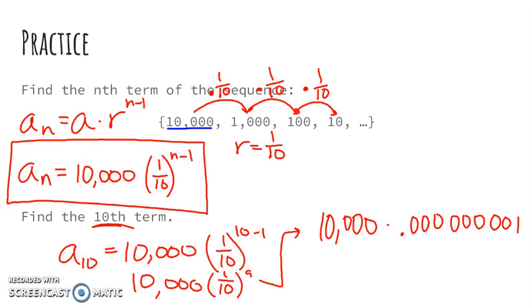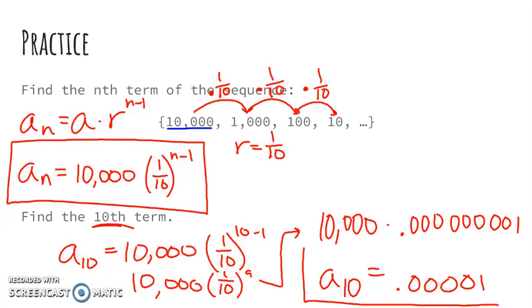Yep, that is right. Okay. Then I just need to multiply those together, and I get that A sub 10 equals 0.00001. And plug it in just to make sure. And that is correct. Okay. So my 10th term is 0.00001. Okay.